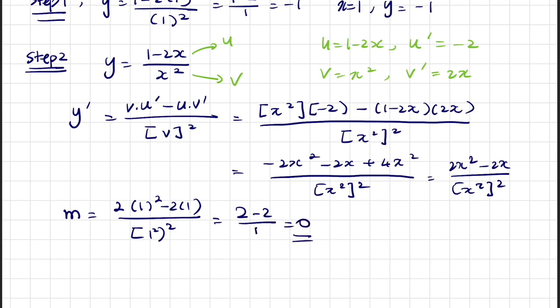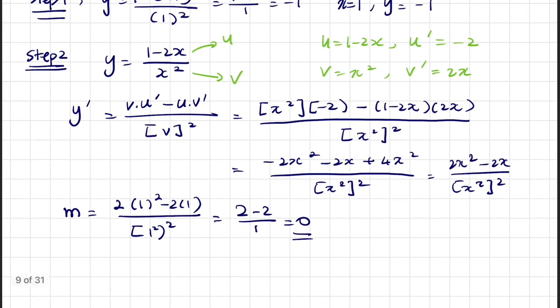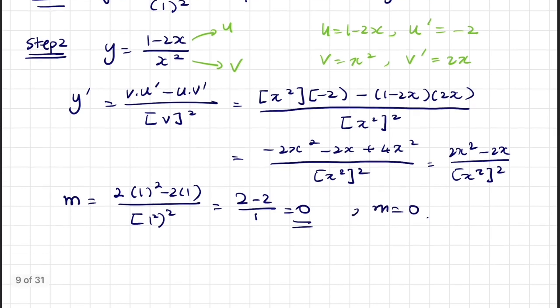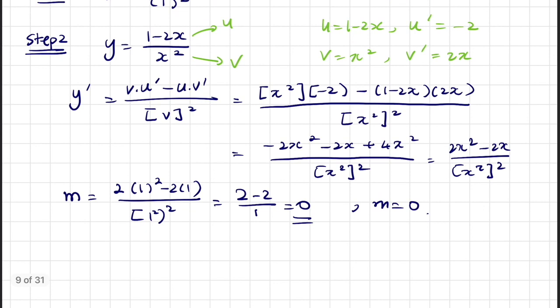So the slope is 0. That means we also know that the slope for the normal line is equal to 0. Then we know the x value is equal to 1, the y value is equal to negative 1, and the slope is equal to 0.